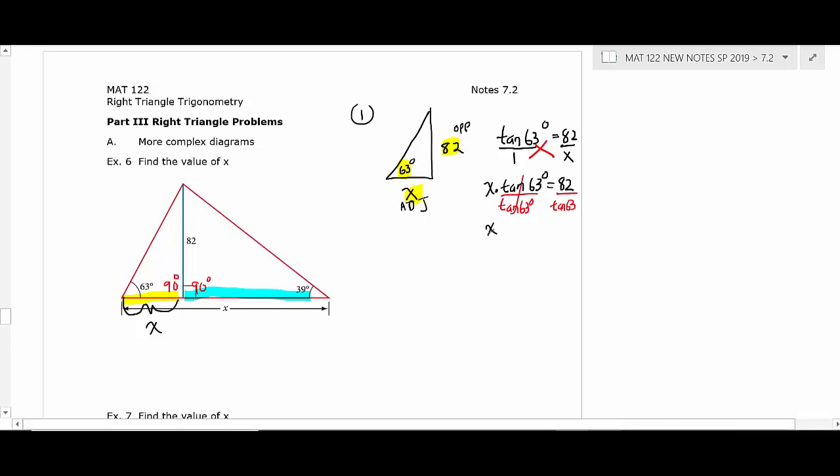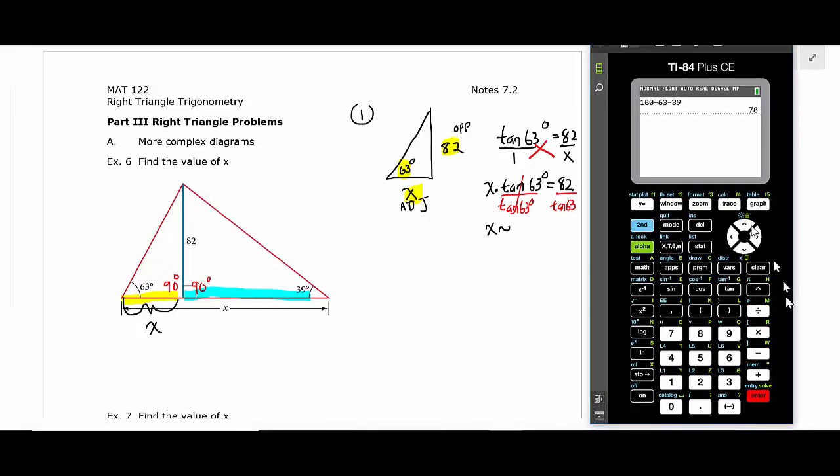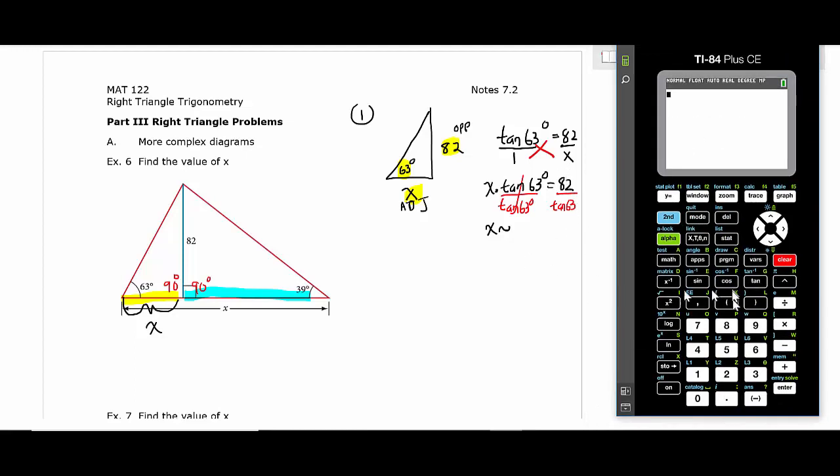So that would give you x, and when you do this in the calculator, you want to make sure again that you're in the right mode. I'm going to press my mode button and see I'm in degree mode, so I'm good to go. So what I'm going to do is 82 divided by tangent of 63.